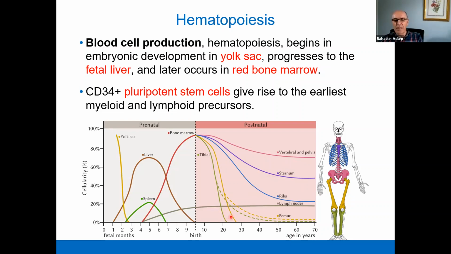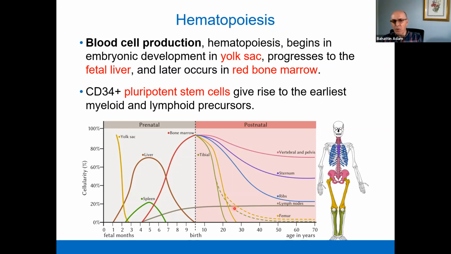However, okay, as we get older, as you see, the vertebrae and pelvis, as you see here in the red or pinkish color, and the sternum and ribs, they continue lifelong, okay, but the other bones stop producing blood cells, okay.